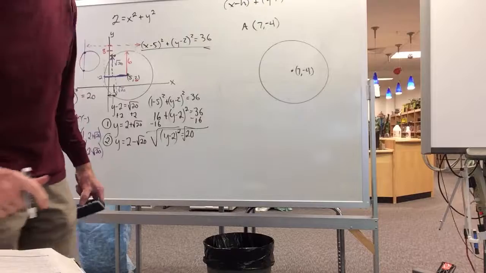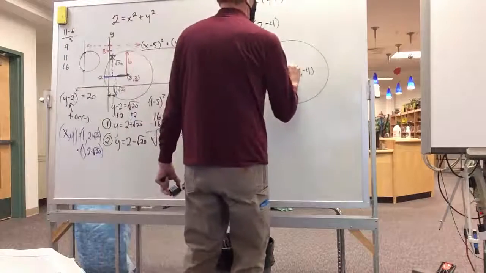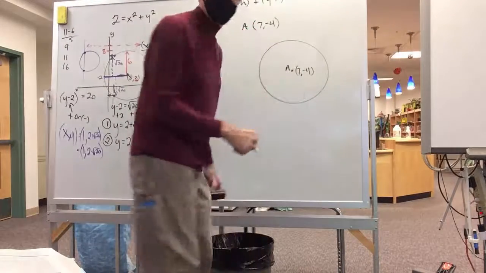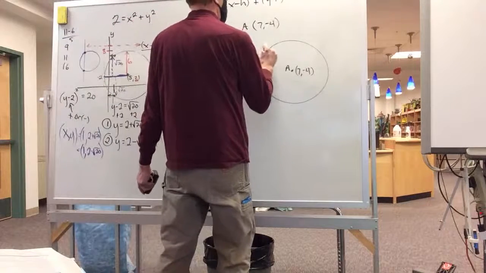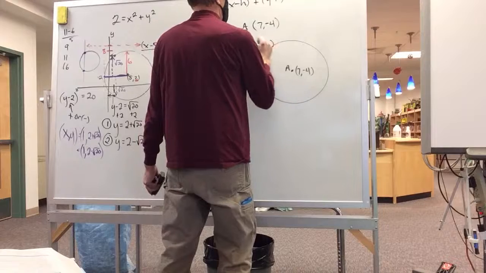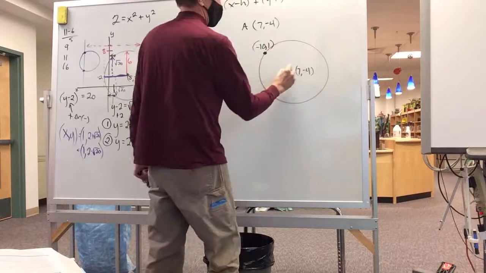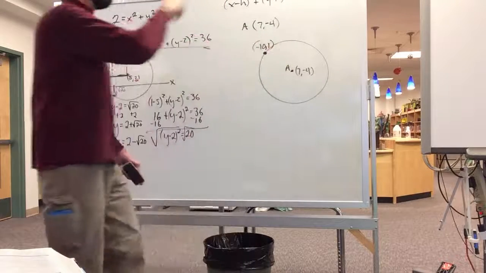Find an equation for the circle. So this is point A, and point B is negative 10, 1. So let's just say it's up here somewhere. So we need to find an equation for that circle.